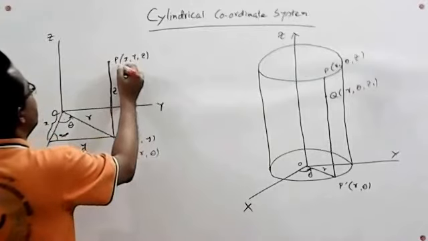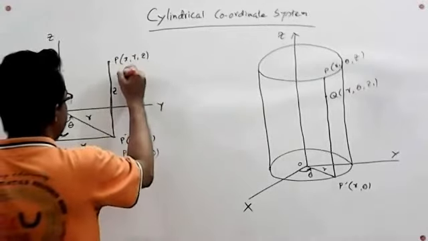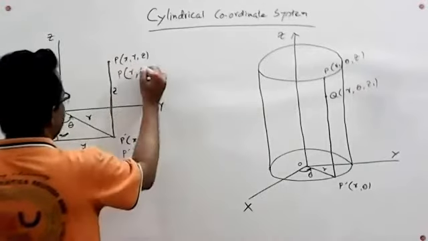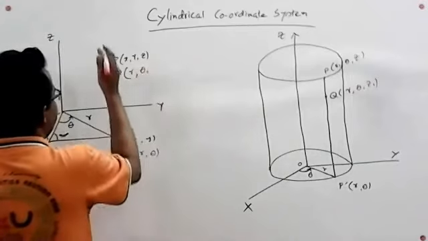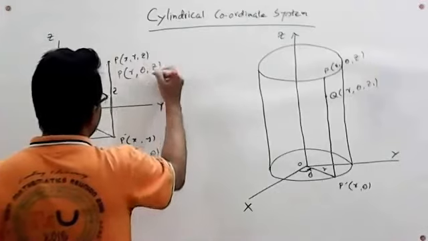Then the point P in the polar coordinate system is P, polar distance r, polar angle theta, and the vertical displacement or height will be z.